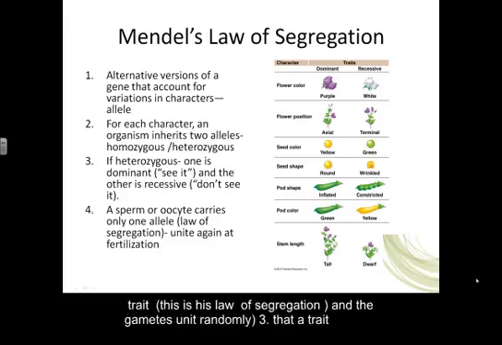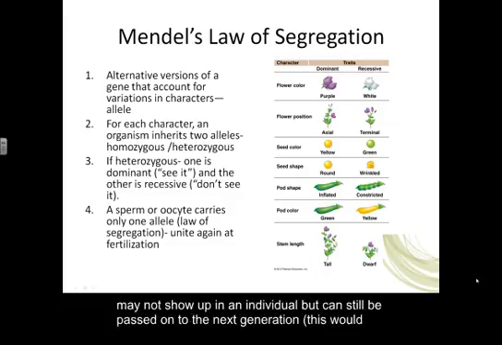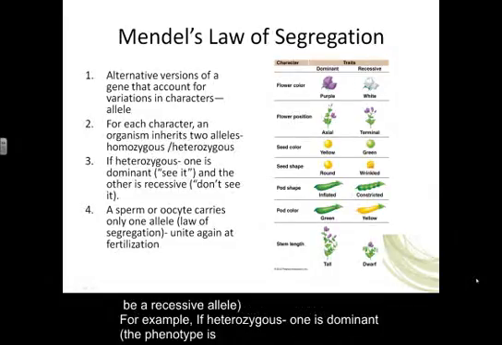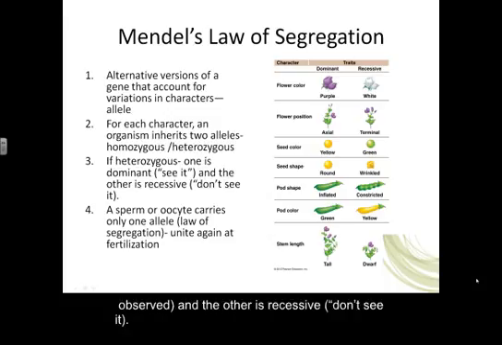This is his law of segregation, and the gametes unite randomly. 3. That a trait may not show up in an individual but can still be passed on to the next generation. This would be a recessive allele. For example, if heterozygous, one is dominant and the phenotype is observed, and the other is recessive, so you don't see it.